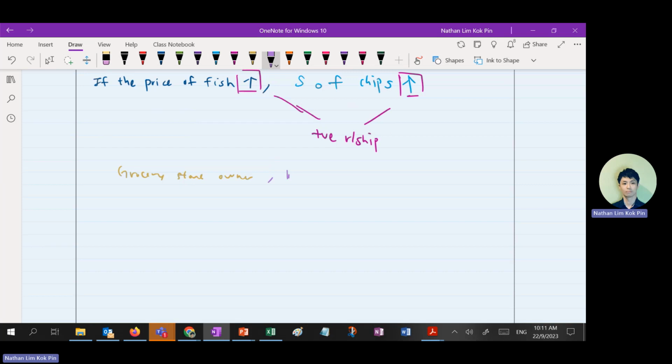I know tomorrow the price of rice is going to increase. I still have 1,000 bags of rice in my store. Do I sell it now or sell it tomorrow? Tomorrow, right? Make sense or not?